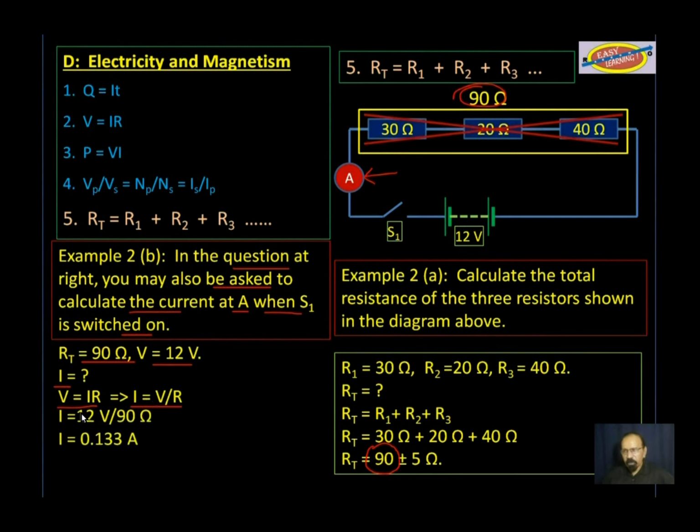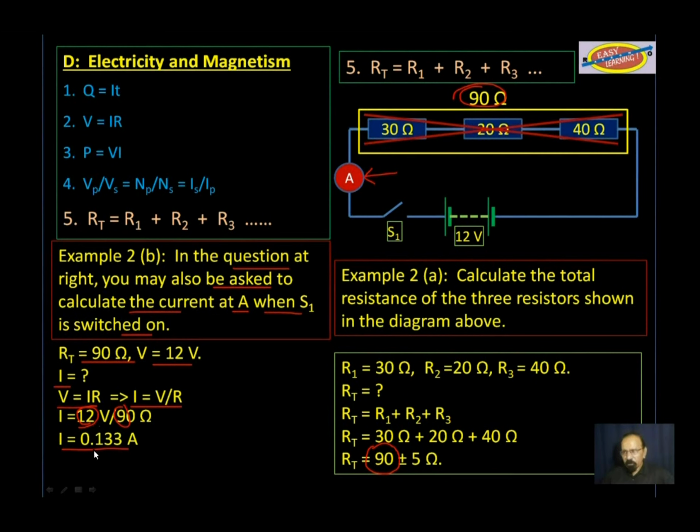We substitute the numbers we are given and we get the current of 0.133 amp. But you know you cannot leave it like that. You have too many significant figures. This has 2 significant figures. This has 1 significant figure. So our answer can only have 1 significant figure.